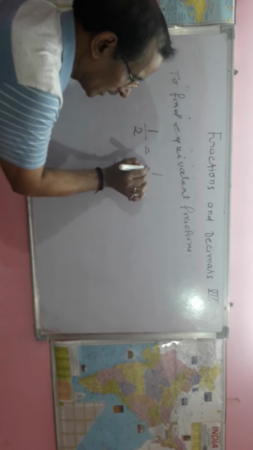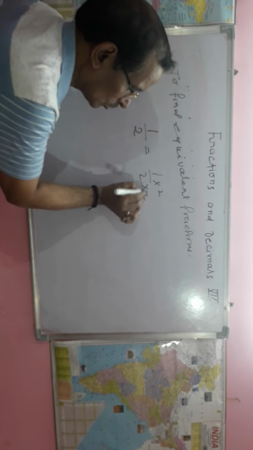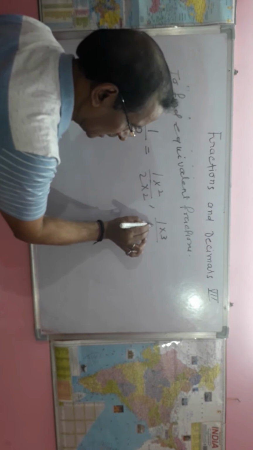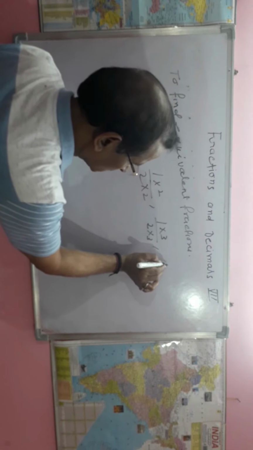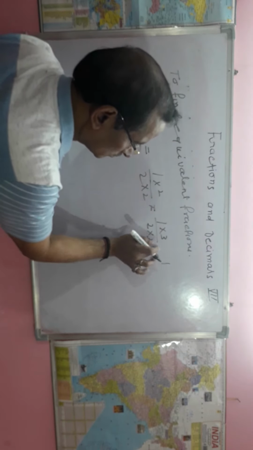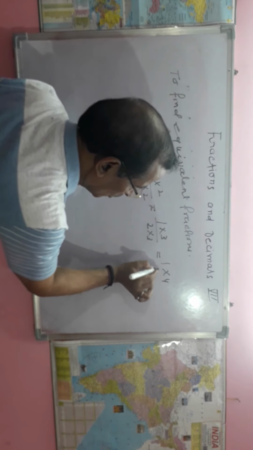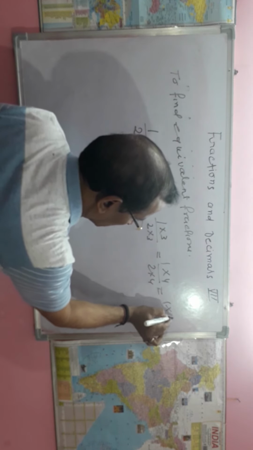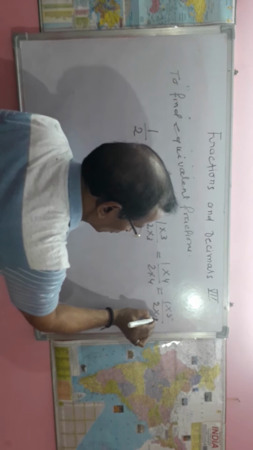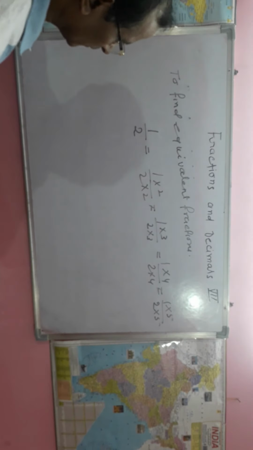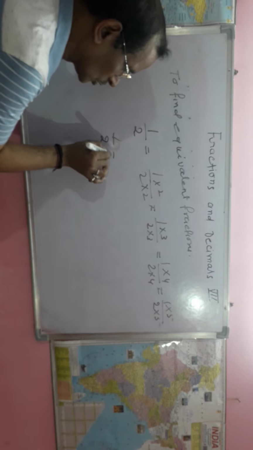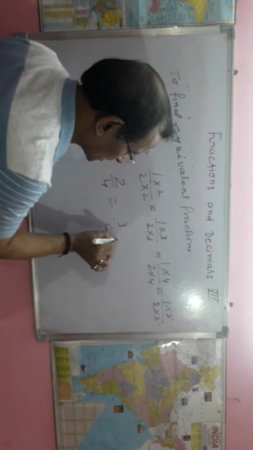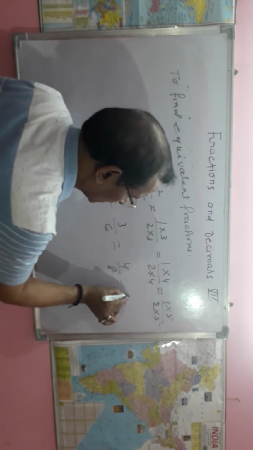We multiply the numerator and denominator by 2, or multiply 1 by 3 and 2 by 3, or 1 multiplied by 4 upon 2 multiplied by 4. In the same way, we can multiply by 5 the numerator and denominator. Then we get the equivalent fractions: 1 upon 2, 2 upon 4, 3 upon 6, 4 upon 8, 5 upon 10.